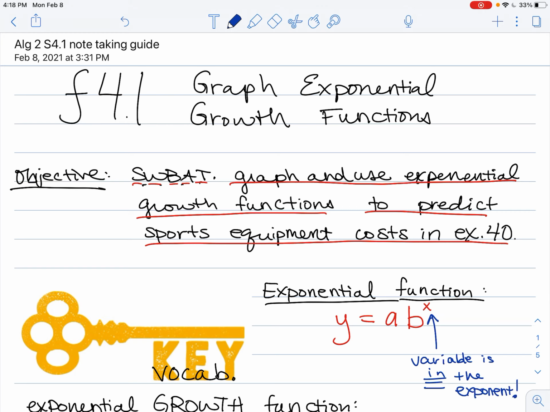A cannot be 0, and the base b has to be positive and not 1.